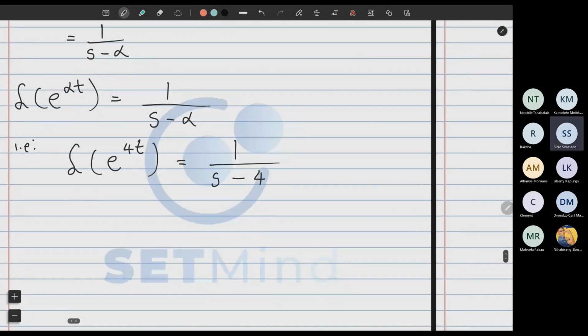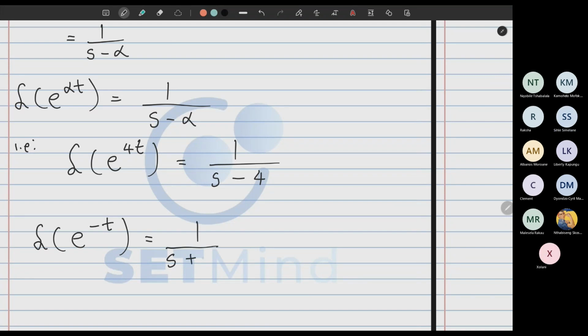And this also means if you need to find the Laplace transform of this function, we can see that alpha is -1. So it would be 1 over s minus alpha, which is -1, so it should be positive 1.